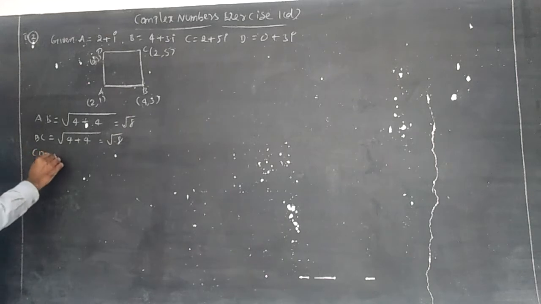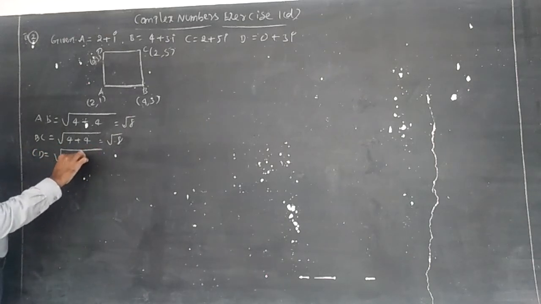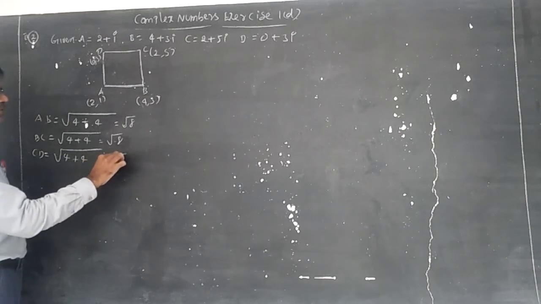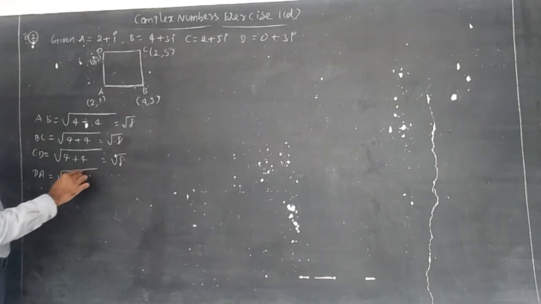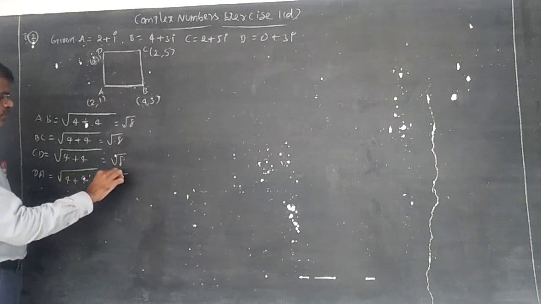Next, CD is equal to root of (2 minus 0) whole square plus (4 plus 5 minus 3) whole square, which is also root 8. And DA is equal to root of 4 plus 4, that is equal to root 8.